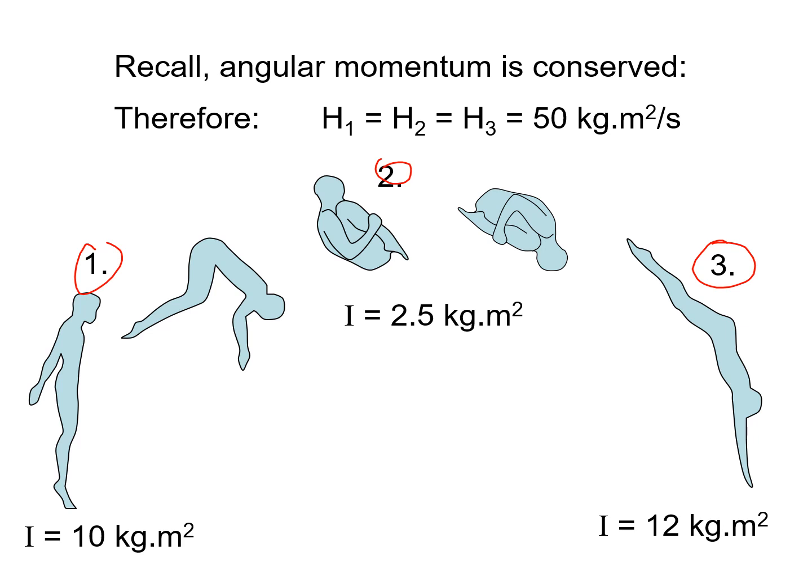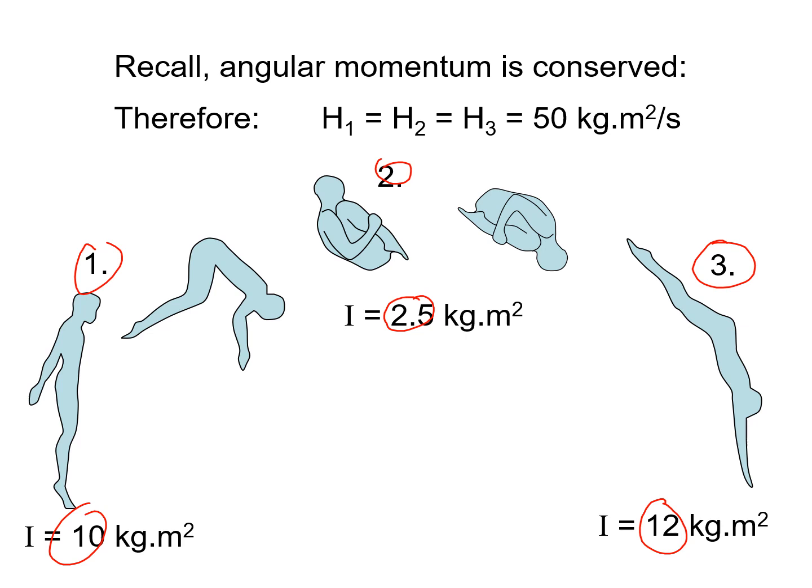But if we're decreasing the moment of inertia from 10 to 2.5, because angular momentum has a velocity component, is that going to increase or decrease our angular velocity? Generally, when our moment of inertia decreases, our angular velocity increases.